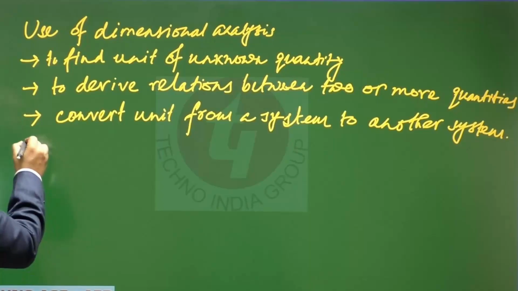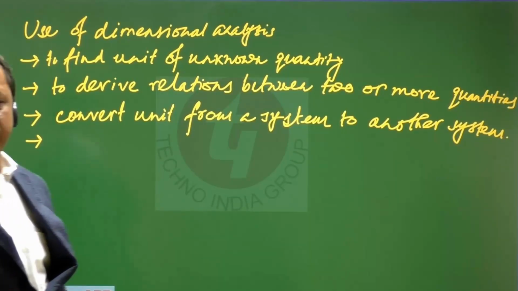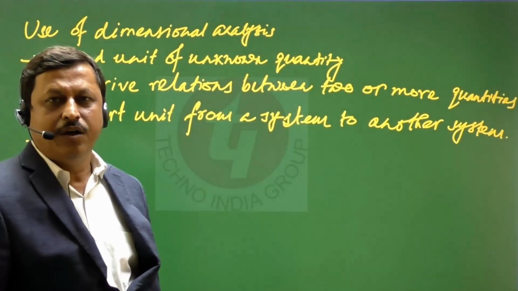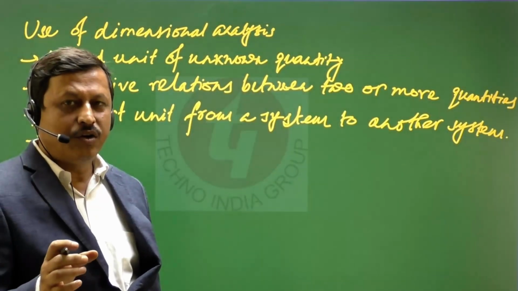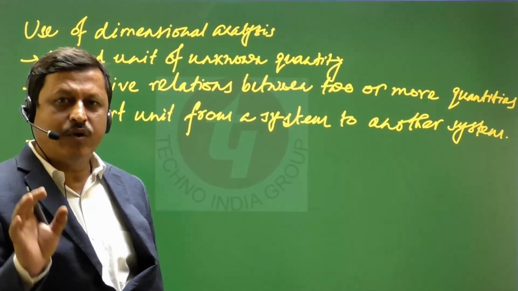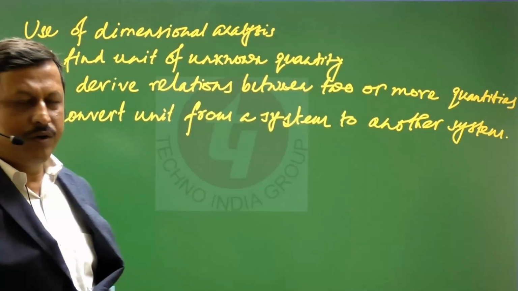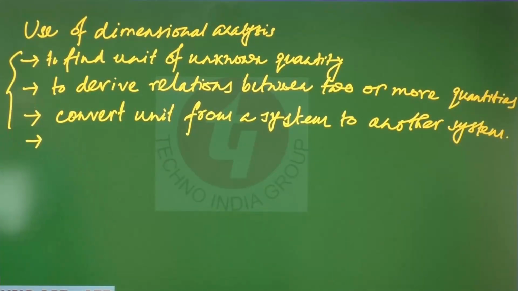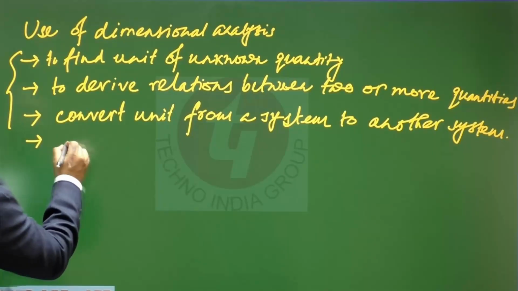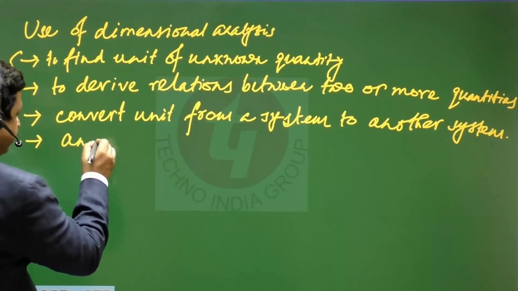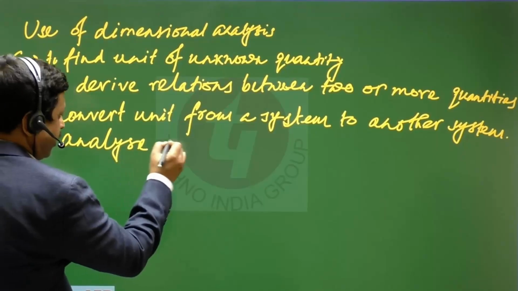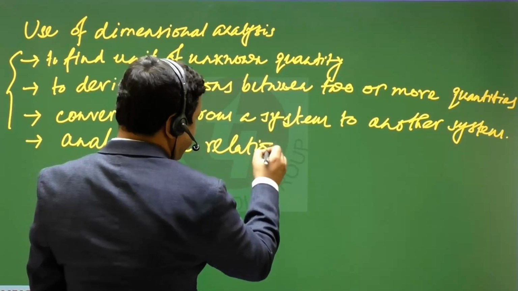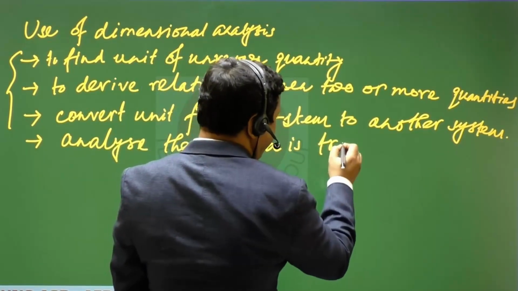Okay, and number four, you can also establish a relation. Say you know a relation, but is it wrong or is it right? You can find out by dimensional analysis. Okay, so basically these three are very important. And number four is to analyze whether a relation is true or false.